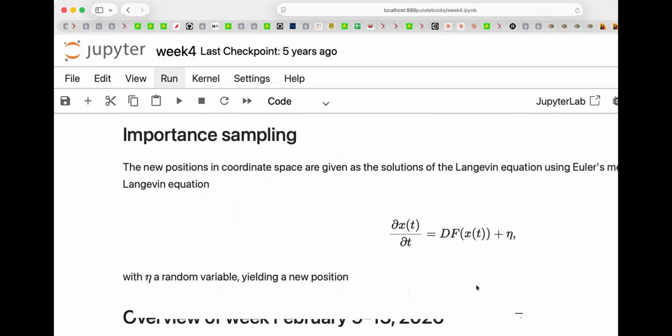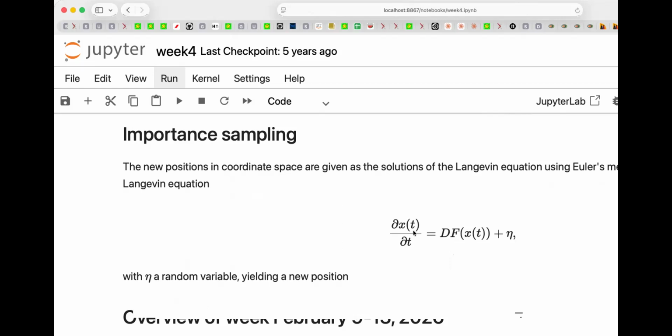In importance sampling, one of the central equations used for updating the points is the so-called Langevin equation, which you can think of as a force which acts on the particles. And then there are some random fast fluctuations which act at a time scale much shorter than the applied external force. So this is nothing but a rewrite of Newton's equation.